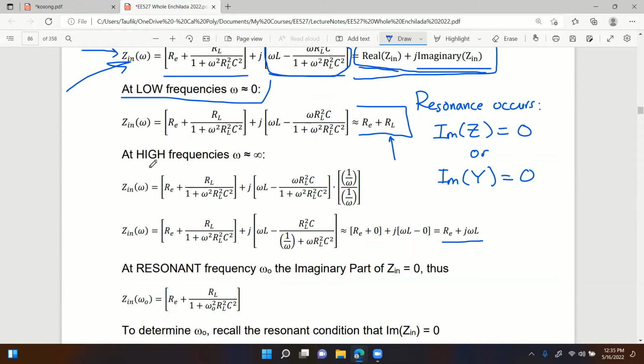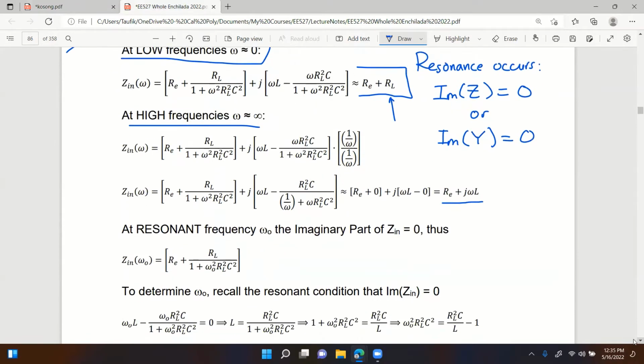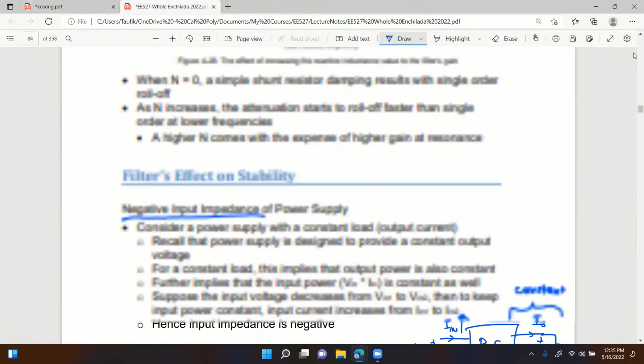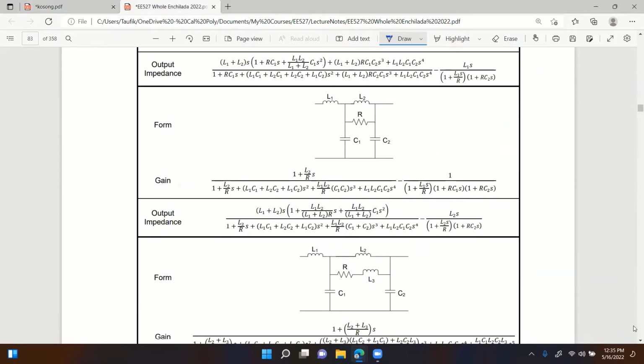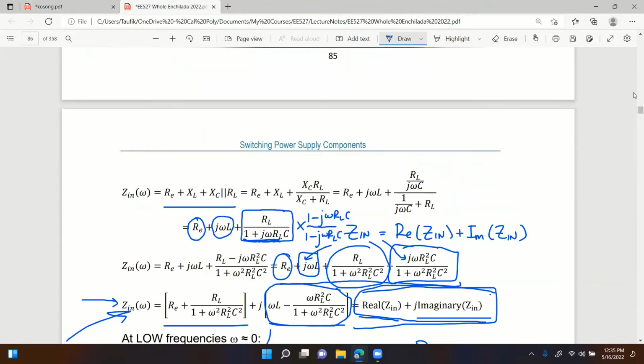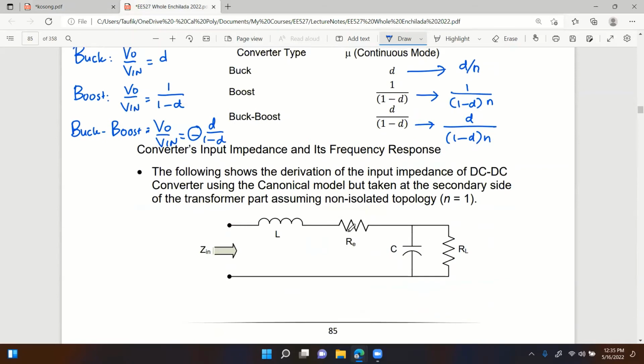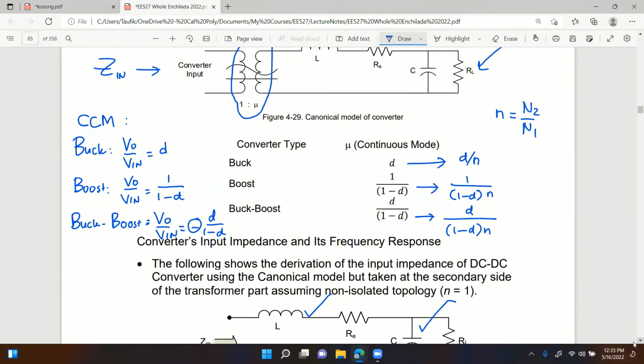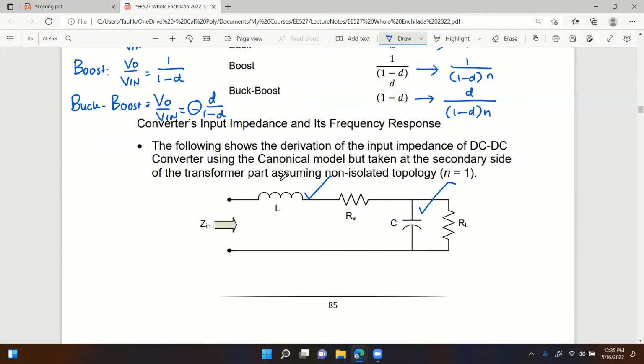Okay, so that's at higher frequencies, right? How about at resonant frequency? Because we have two energy storage components, right here, L and C. Therefore, there is a possibility that at a certain frequency, we call it resonant frequency, the two cancel each other.